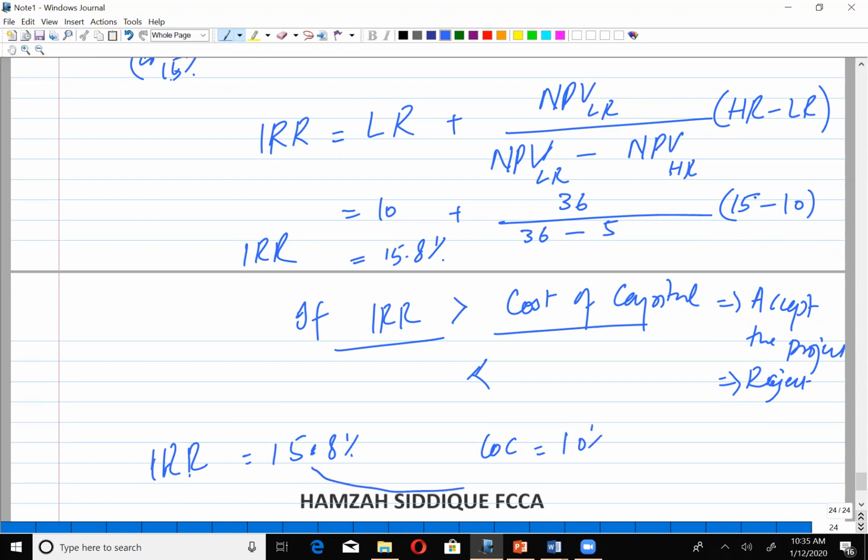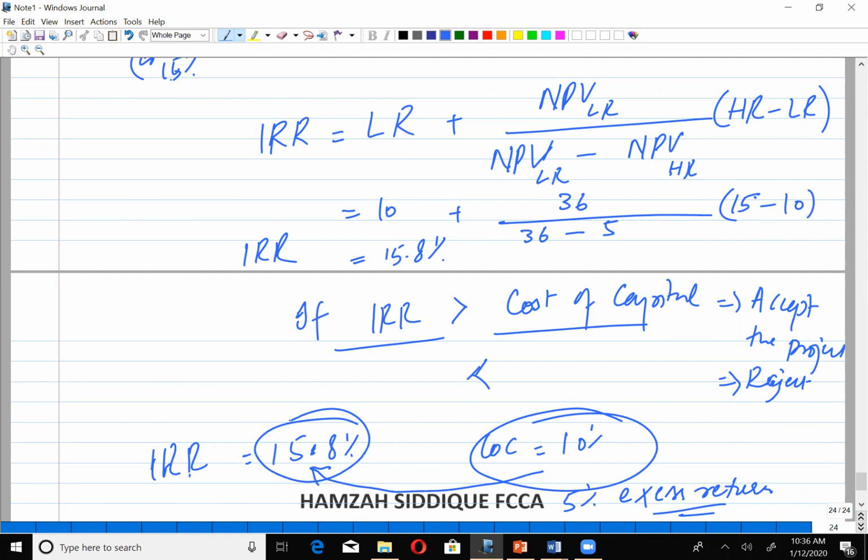It means the project is generating 5% excess return over its cost. This is the cost of funds invested, the cost which we have to pay to the financiers. So the project is generating 15.8%, and after paying the financiers, still 5.8% is with us.